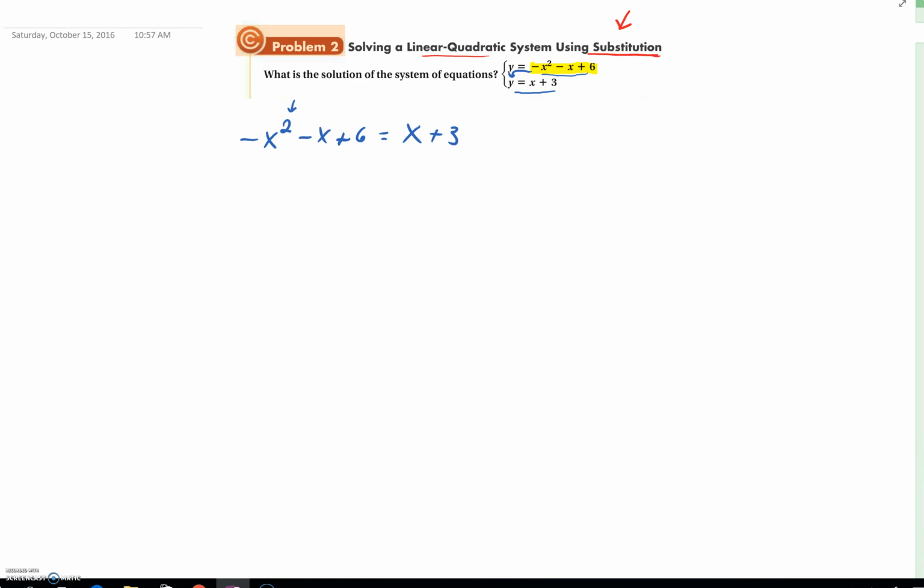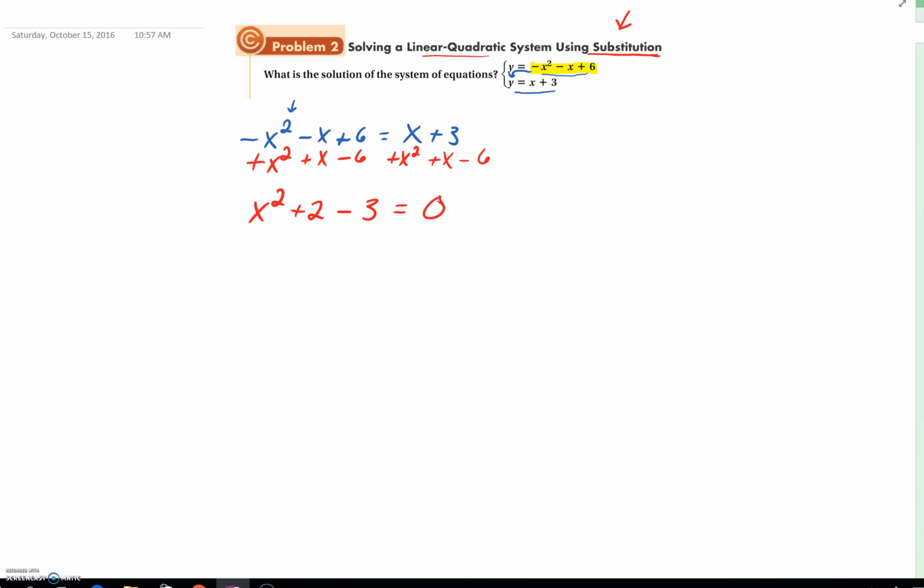Whenever we have a quadratic equation, we can solve it multiple ways, but we want to set it equal to 0, and we want to have our x squared be positive. So then I'm going to add over my x squared, add over the x, and minus my 6. So now I'm left with a positive x squared. X plus x gives me plus 2x, and 3 minus 6 gives me minus 3, and it's equal to 0.